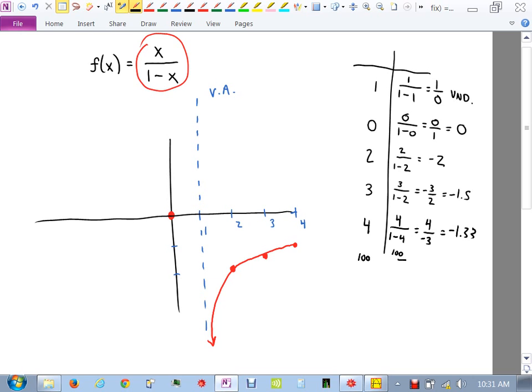What would 100 over 1 minus 100 be? 100 over -99, which is negative what? You might have to do this on your calculator. 100 divided by -99, -1.01.